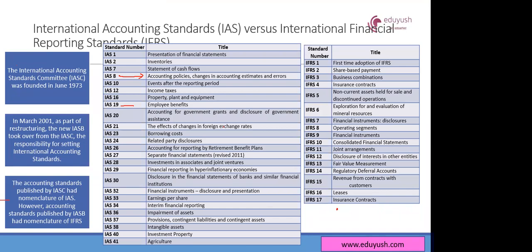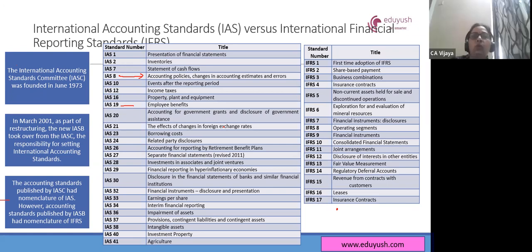IFRS 17 will be a part of this too, but 2022. I don't know the date. I need to look at the date of transition. I'm sorry, because it is not part of your exam syllabus, that much I know. But I need to look at the exact date of the transition. I don't have it with me directly.